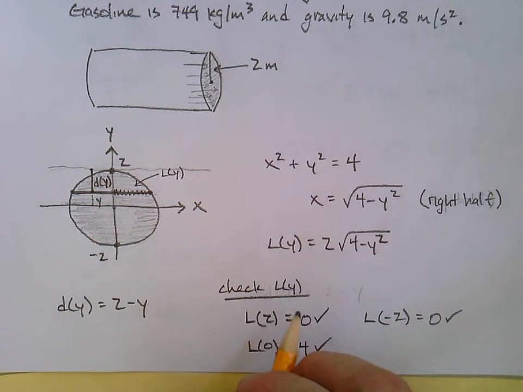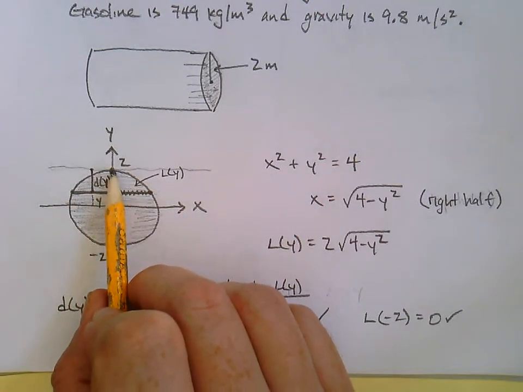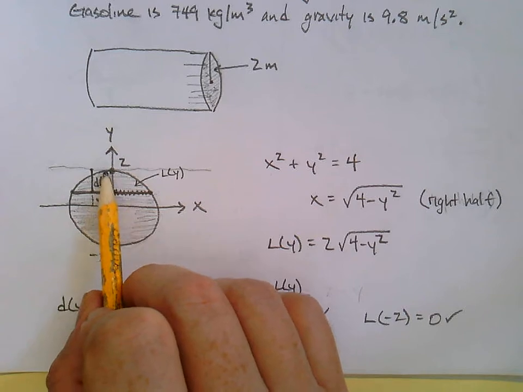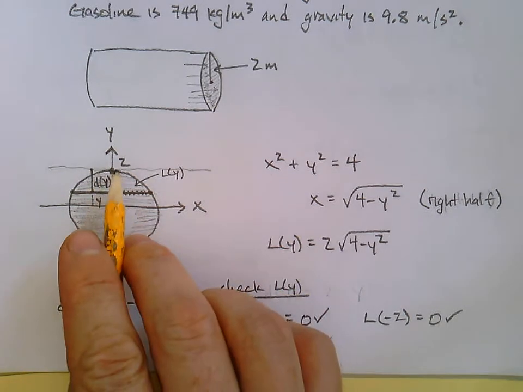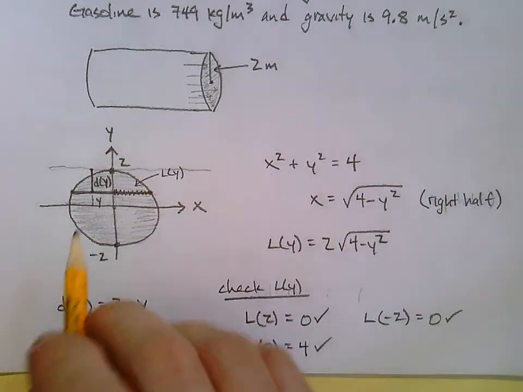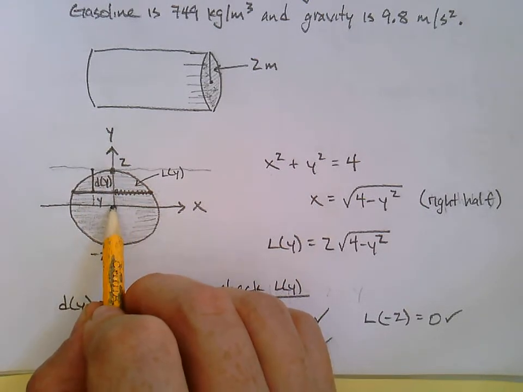Now I've got to check for L of y, but it occurs to me, you can check d of y as well, and I think that makes sense here. Let's check d of y. When we're at the very top at 2, what is the depth of the gasoline? It's 0, right? When you plug in 2 here, do you get 0? Yeah.